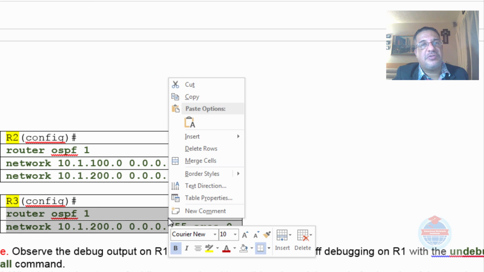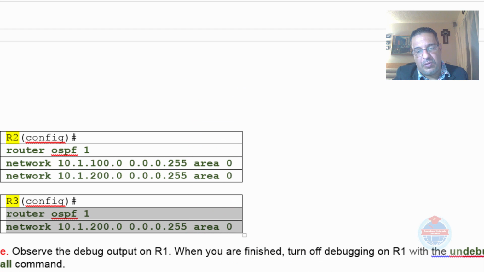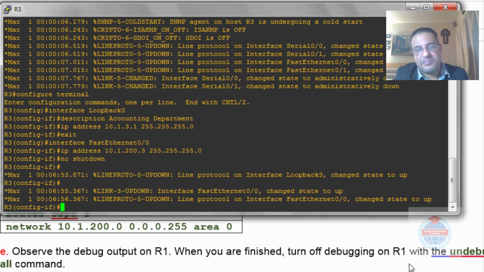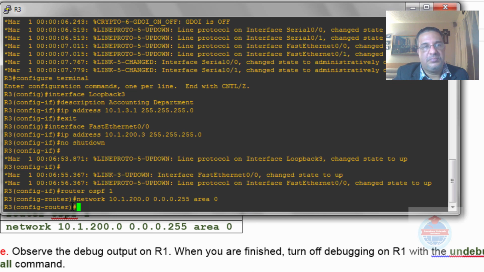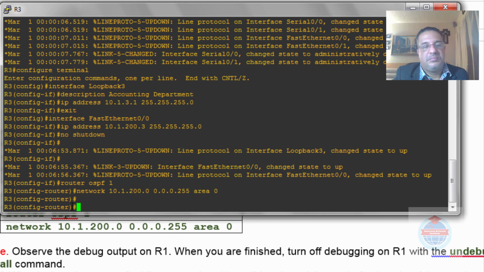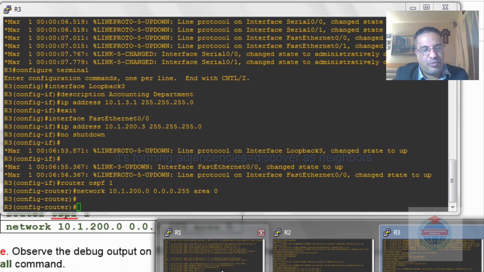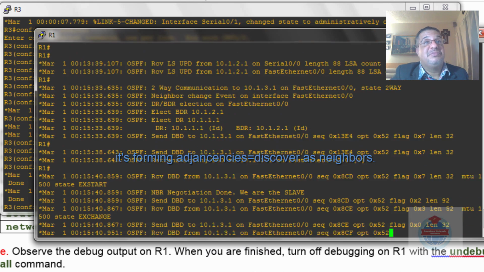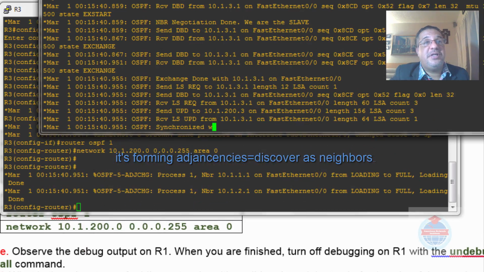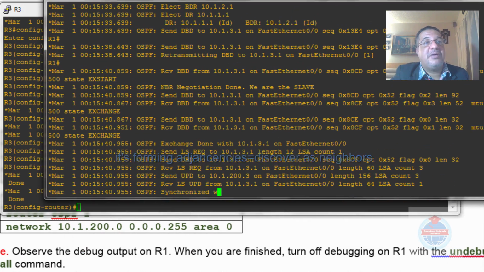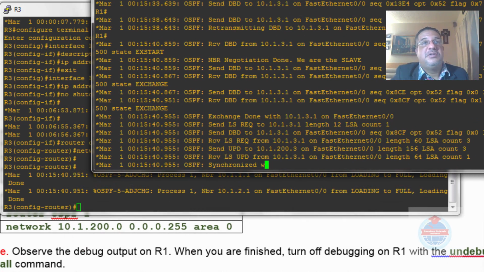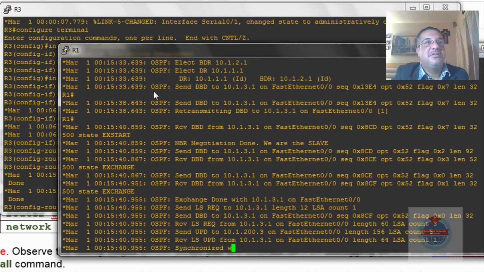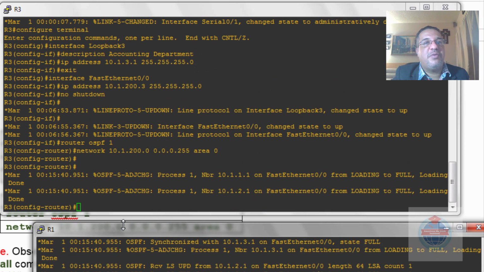Now let's check what's going to happen on R3. And let's put over there as well R1. Now R1 is reading what's going to happen on R3. You see this, guys? And let's check over there on R3 what's going on.